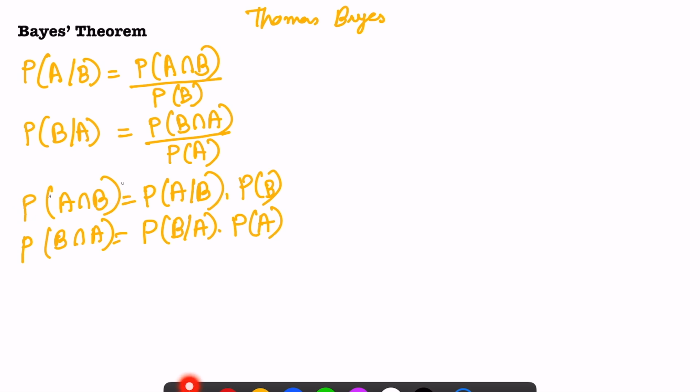But this one and this one are the same. The probability of A intersection B is equal to the probability of B intersection A, right?